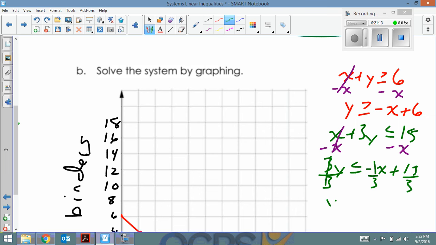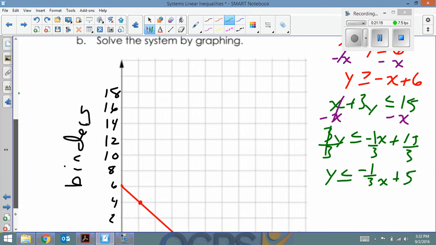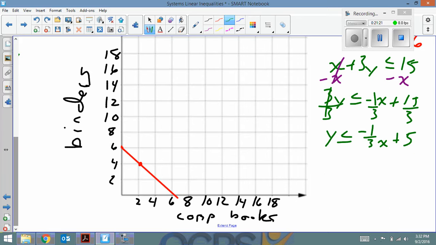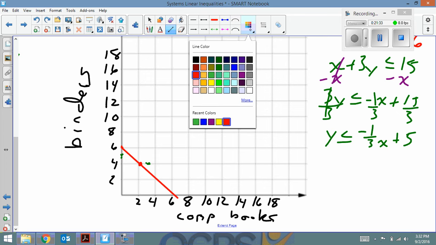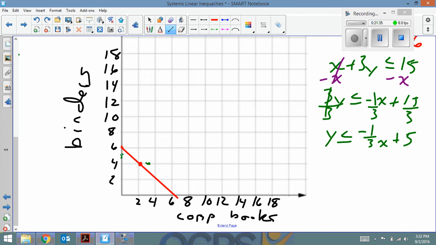So you get y is less than or equal to negative 1 over 3x plus 5. So our y-intercept is 5, which is there. We're going to go down 1 to the right 3, which is there. Okay, we're going to graph our line here. Okay, so we dealt with that part.